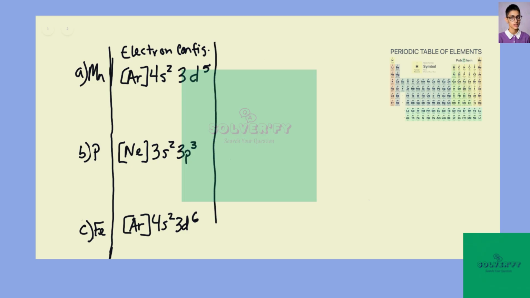So now that we have these, we can move on to the orbital diagrams. So for manganese, when you do the partial orbital diagram, you essentially take whatever row the element is in, you draw out all those orbitals, and then you fill in all of the electrons that it has for that row.